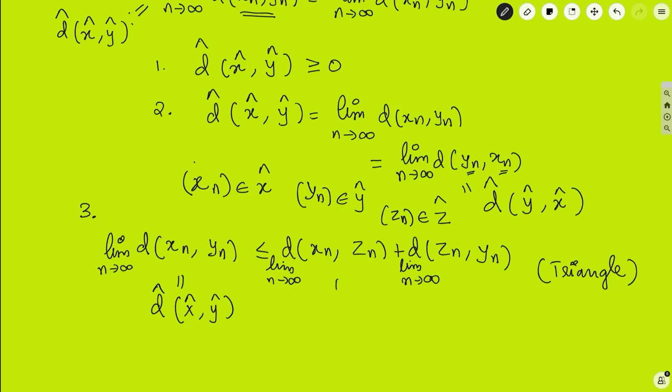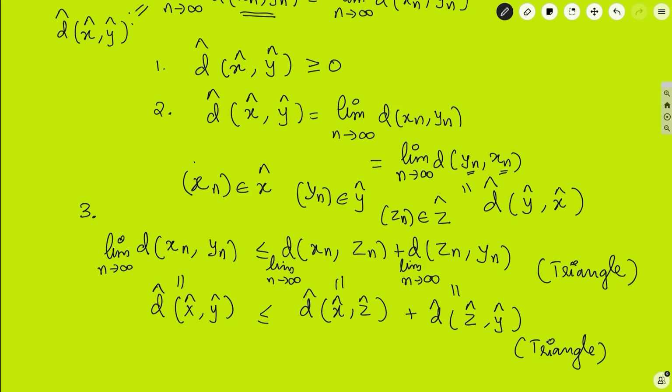This is the distance between x hat and z hat, and this is the distance between z hat and y hat. That's good, because the triangle inequality holds even for this function that we have defined, which is a limit form, but it's a distance because the triangle inequality still holds.